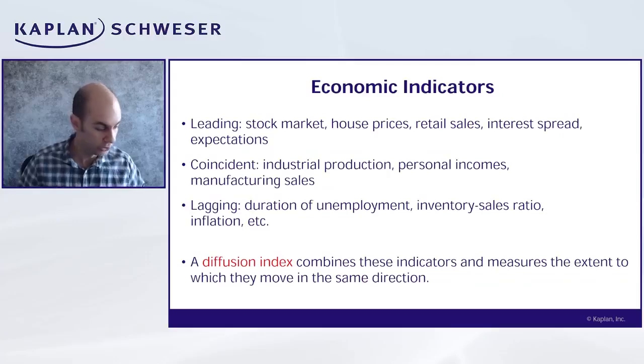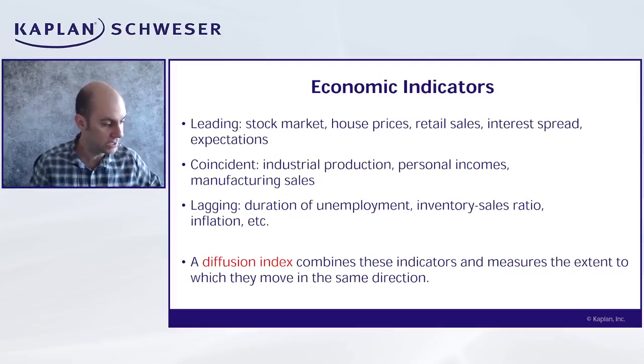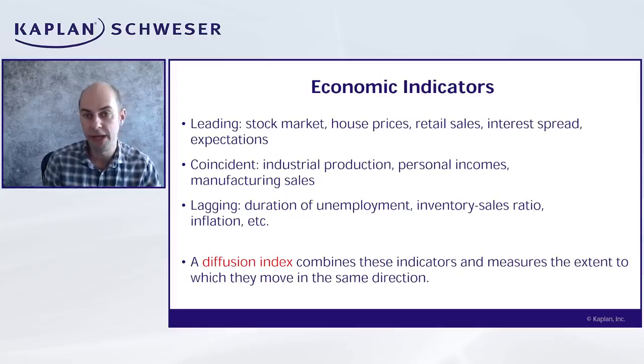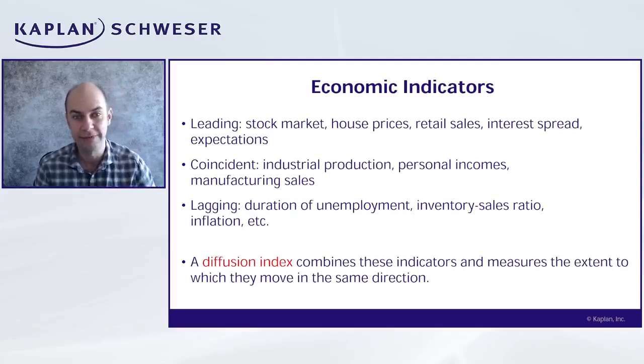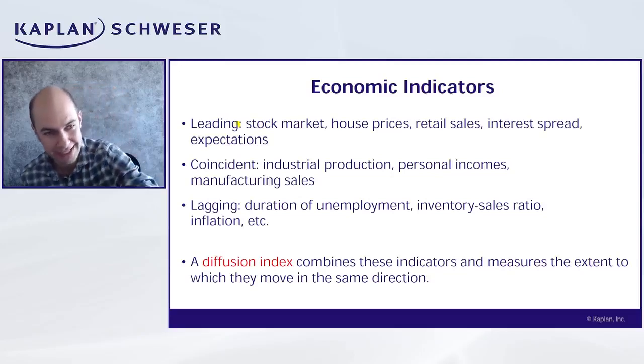Right. So then you've got this economic indicator business here. And what this is about, this is going to provide you information on where we are in terms of the state of the economy. Okay, so you've got three flavors here. You've got leading indicators, you've got coincident indicators, and you've got lagging indicators.